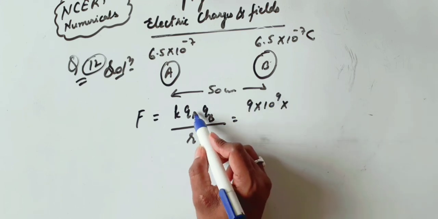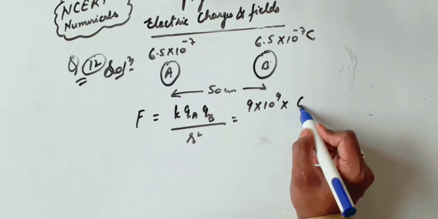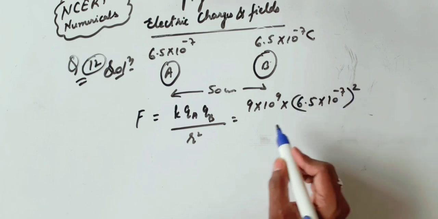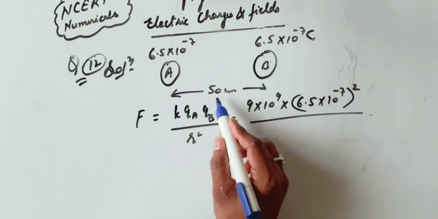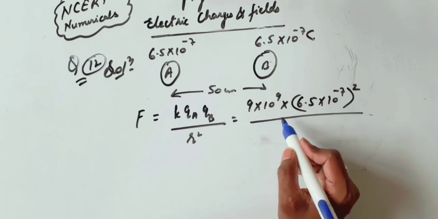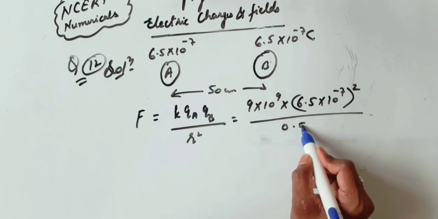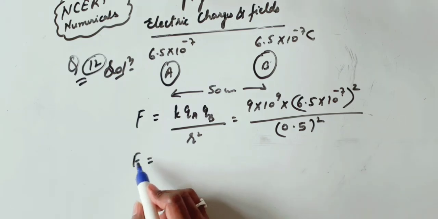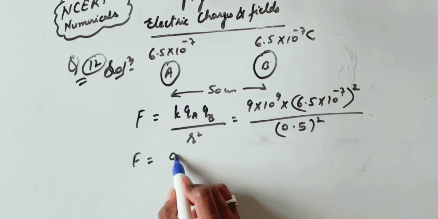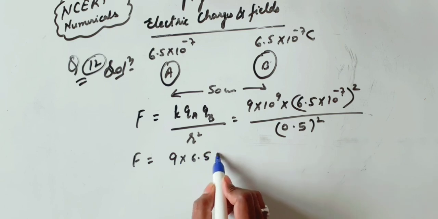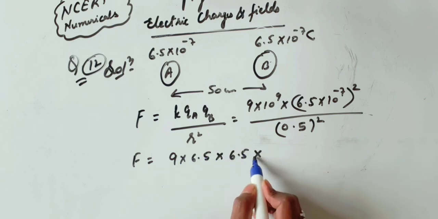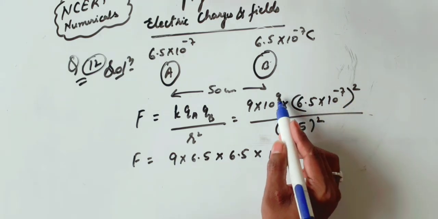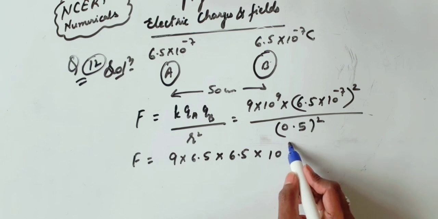The charges Q A and Q B are both equal, so we can write here 6.5 into 10 to the power minus 7 to the whole square, divided by 0.5 meter to the whole square. Now we will get F is equal to 9 into 6.5 into 6.5 into 10 to the power minus 14, and so on.